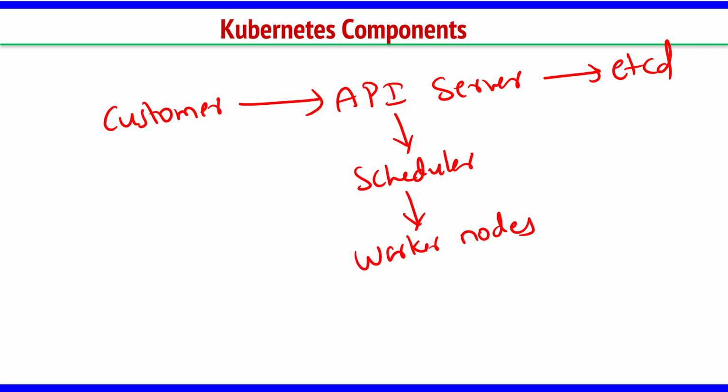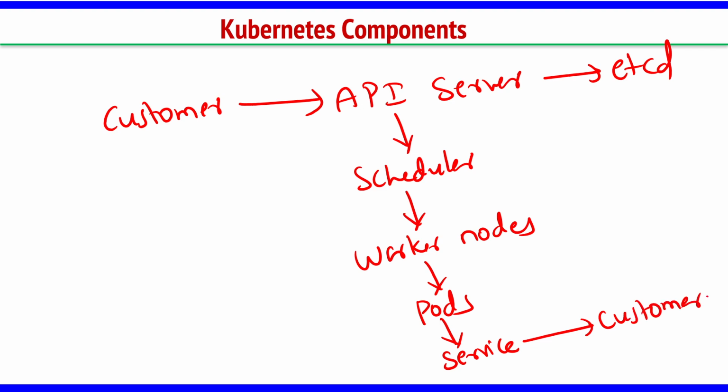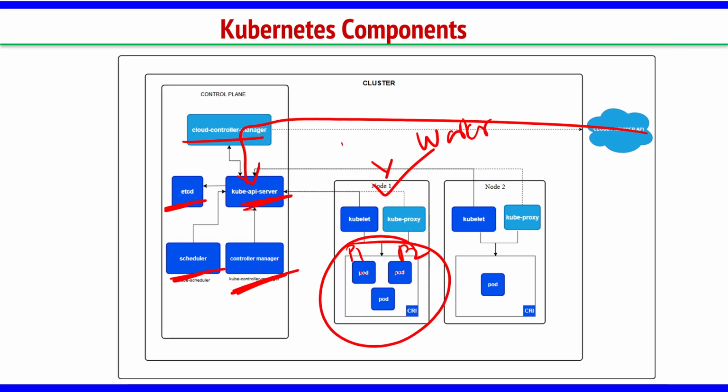From there, these worker nodes use the pods assigned to them, and inside the pods they will do the service. Service means preparing the task, and from here the output goes to the customer again. So inside the pod the dosa is being prepared and it is being served to the customer, right? So this is the working of Kubernetes.